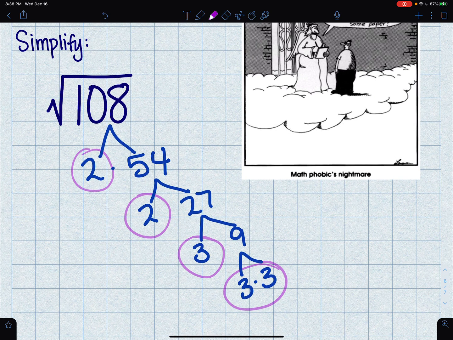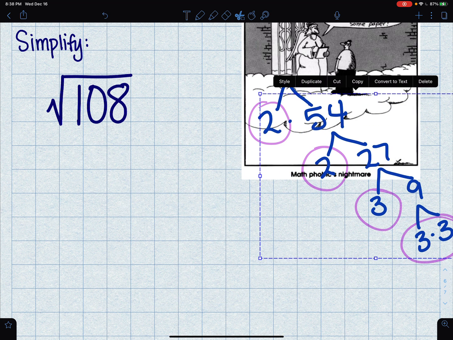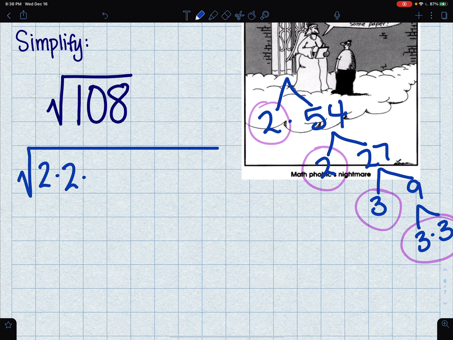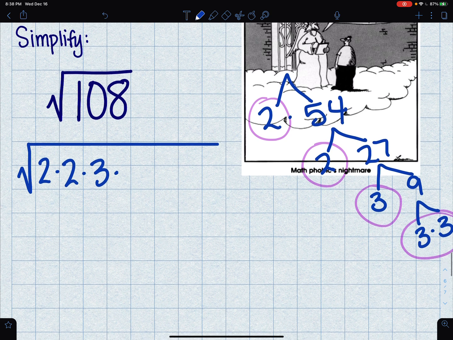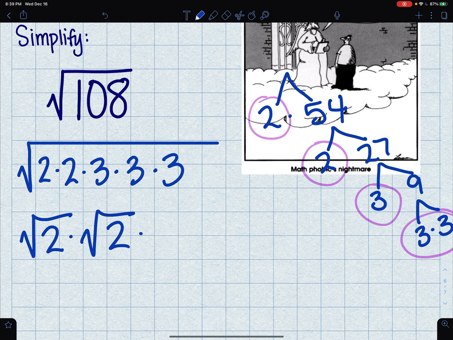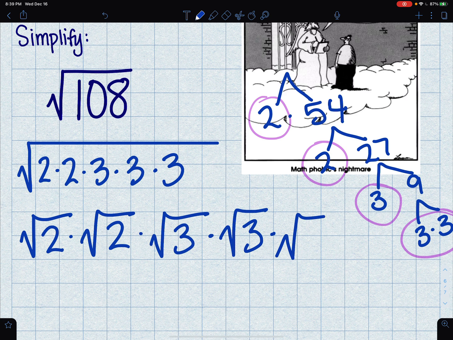So the square root of 108, I'll put that over here, is equal to the square root of 2 times 2 times 3 times, there's 3 3's, times 3 times 3. Okay, so now let's see, square root of 2 times the square root of 2. And then you've got the square root of 3, the square root of 3, the square root of 3.